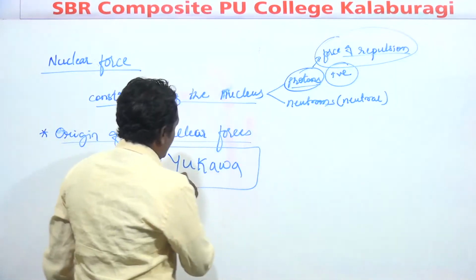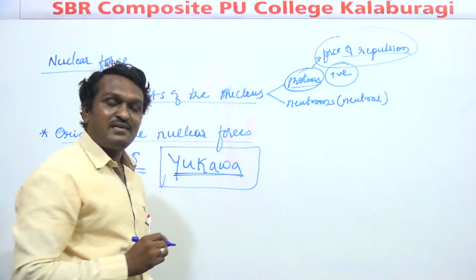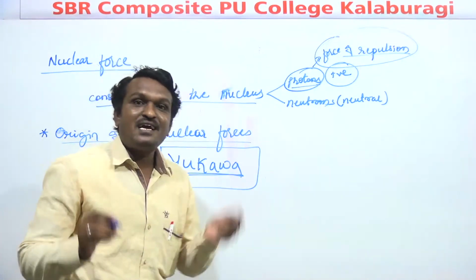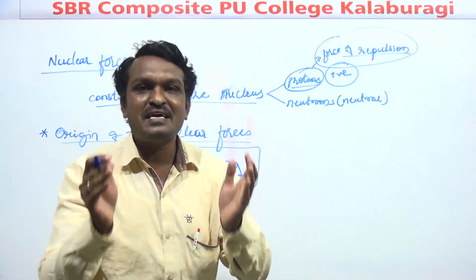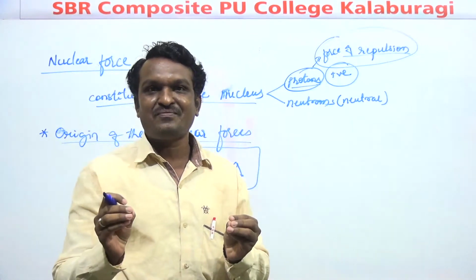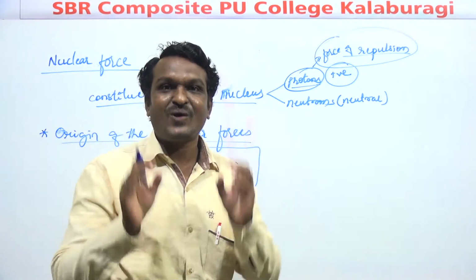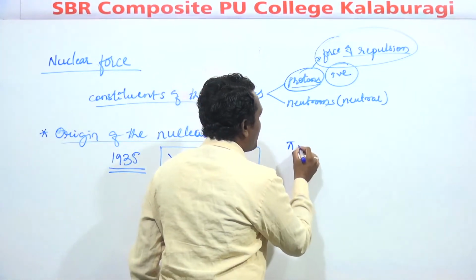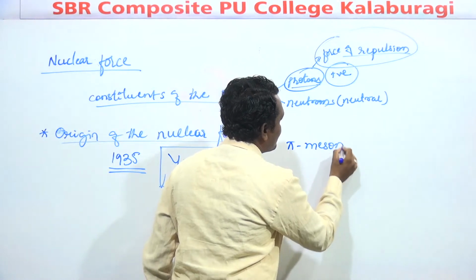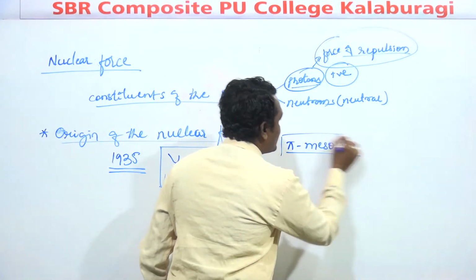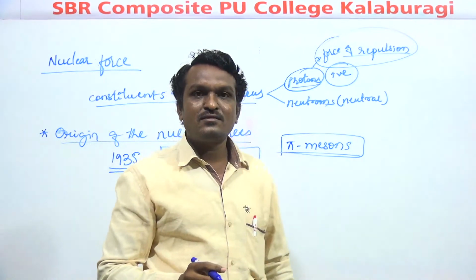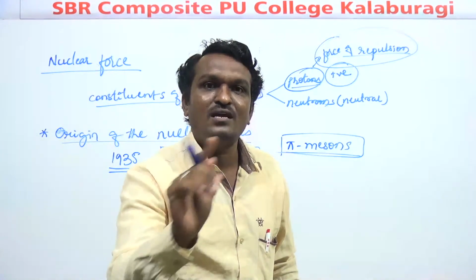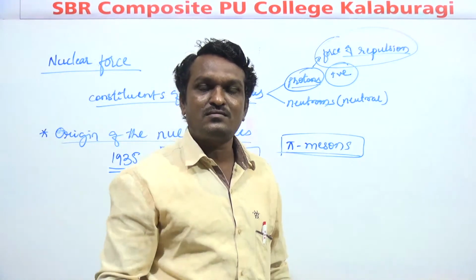Yukawa explained that inside the nucleus, nuclear forces arise because of the exchange of particles called mesons. He called them pi mesons. So far I explained that the constituents of the nucleus are only protons and neutrons.